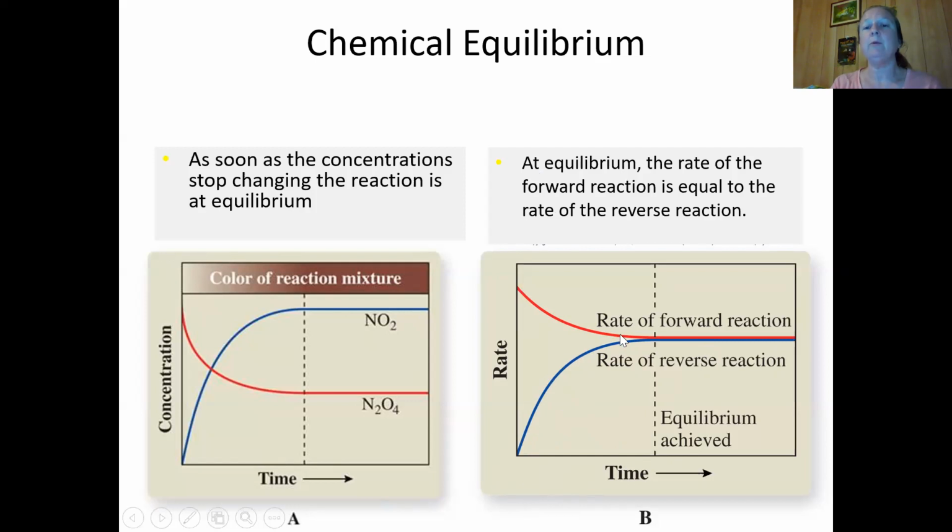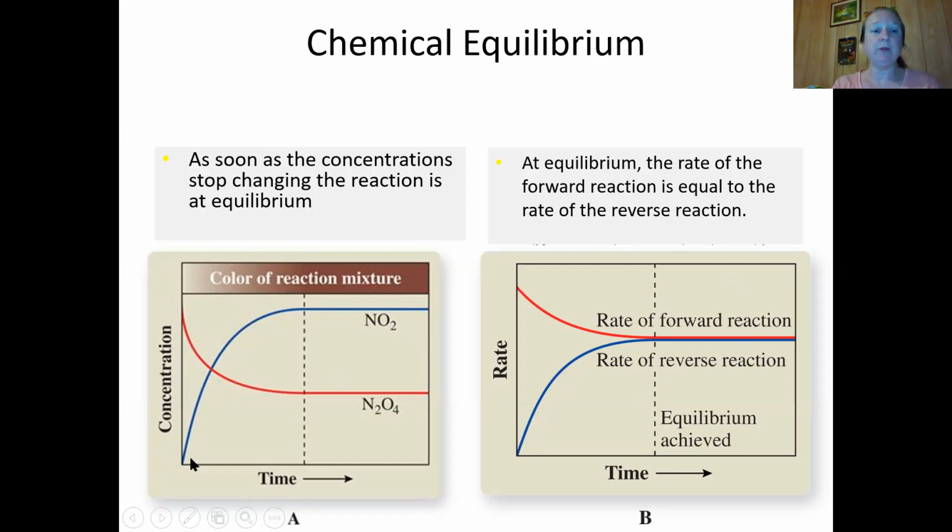So the rate of the reverse is increasing because it starts at 0, and the forward is decreasing slightly because there are competing reactions going on. And at equilibrium, they both hit a plateau. They have the same rate, because when you hit equilibrium, every time one goes forward, one goes backwards. So the rate is equal. The forward and reverse become equal.